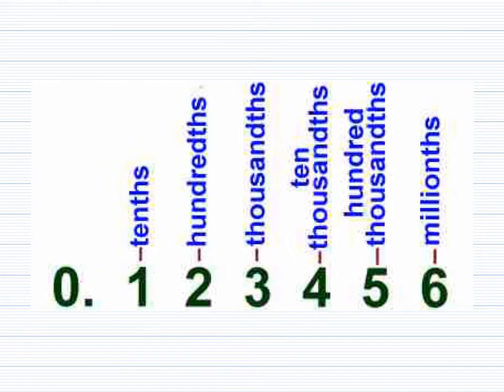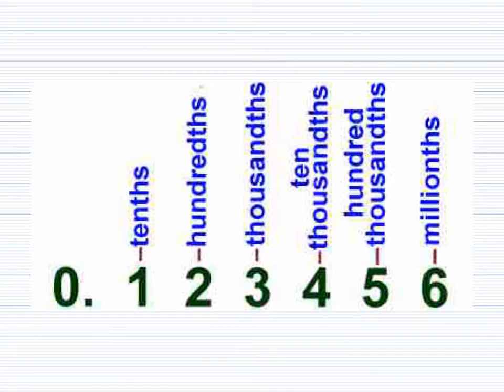So just want to go over one more time what each of these decimal places are called. So the first spot after the decimal, we have tenths, and then we have hundredths, and then we have thousands, and then we have 10,000s, 100,000s, and millions.